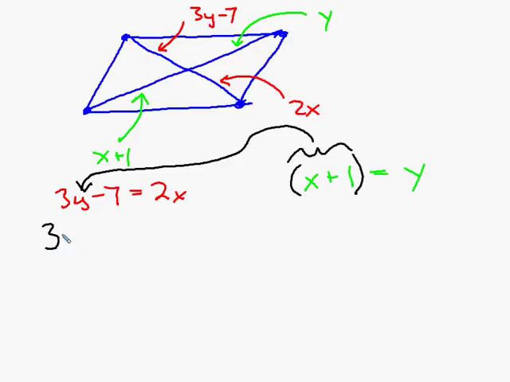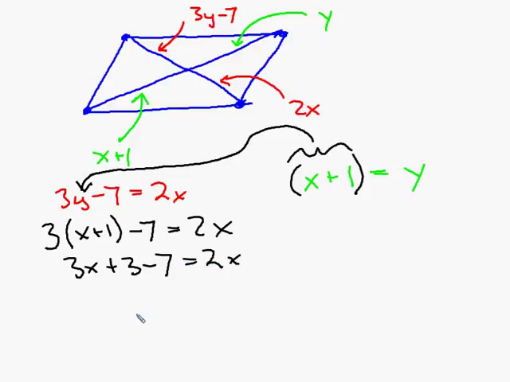So I have 3 times the quantity x plus 1 minus 7 equals 2x. You, for the most part, probably will not get any as difficult as this, but we do need to remember how to solve a system. If we have two equations with two variables in them, we need to solve them with the substitution method. We distribute the 3.